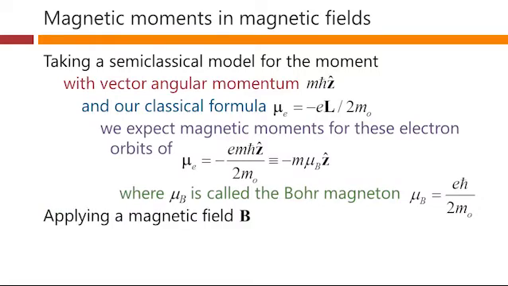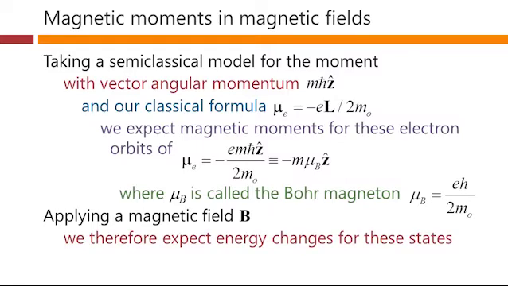So, applying a magnetic field B, we would therefore expect energy changes for these states, at least in this semi-classical view of our problem here. And we would expect those energy changes to be of the following form. Here's our magnetic dipole moment. Hence, our energy changes would be m, our integer, times mu B, the Bohr magneton, times the magnitude of the magnetic field.